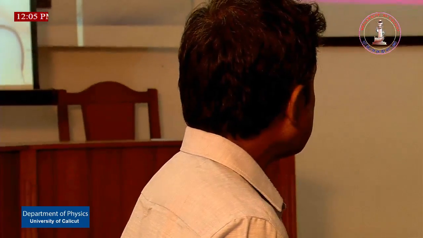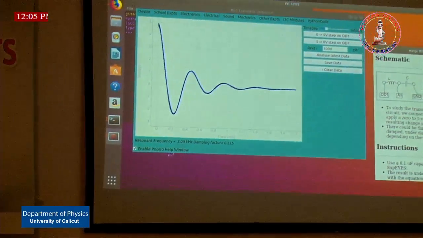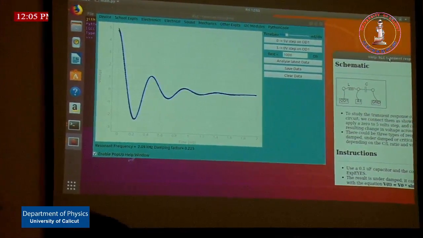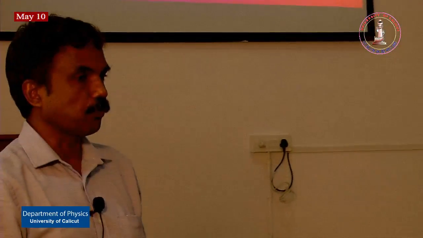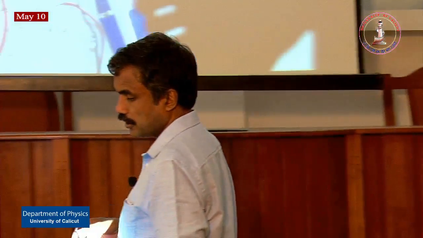After a while you find that A1 will become 5 volts because the other end is a capacitor, right? The capacitor is fully charged. Then if you suddenly bring the other end of the inductor down to 0 volts, the capacitor voltage will not immediately become 0, it will gradually come, but here you find it is oscillating, right?